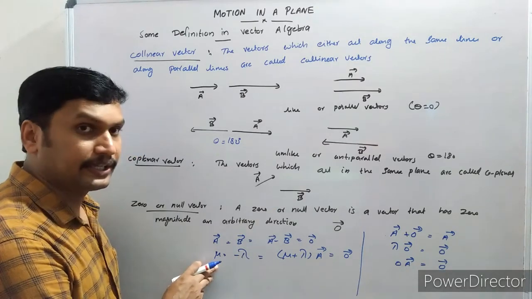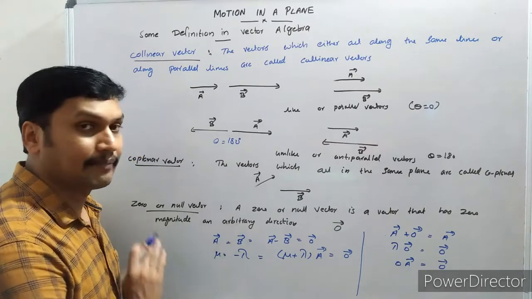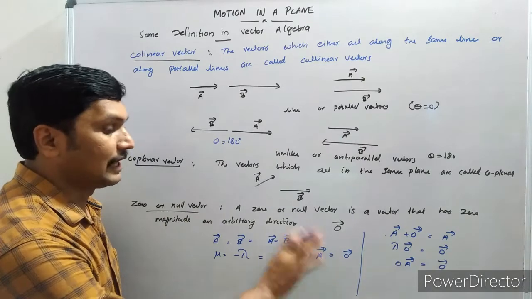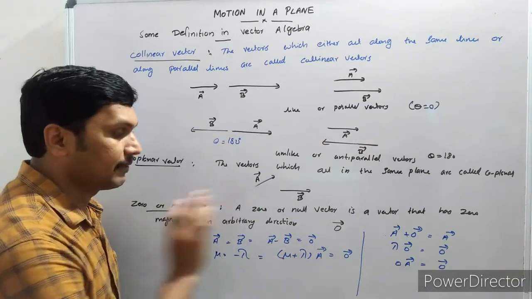If two scalar quantities are such that nu is equal to minus lambda, then nu plus lambda is equal to 0.